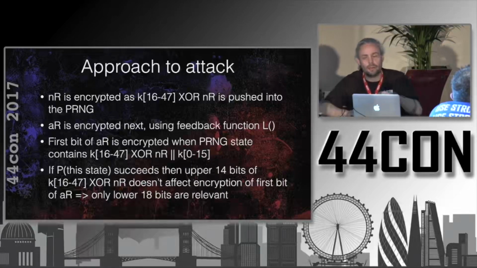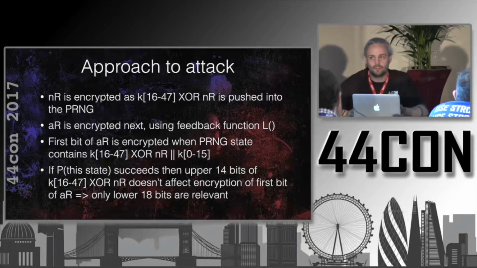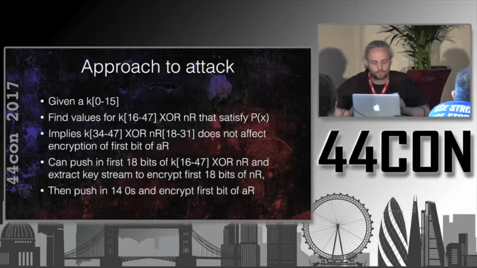Which means that only the lower 18 bits of the upper bits of the key XORed with the NR matter. So, NR, that would normally be 32 bits, we can get it down to 18, which means we're going to attack this bit of the process.